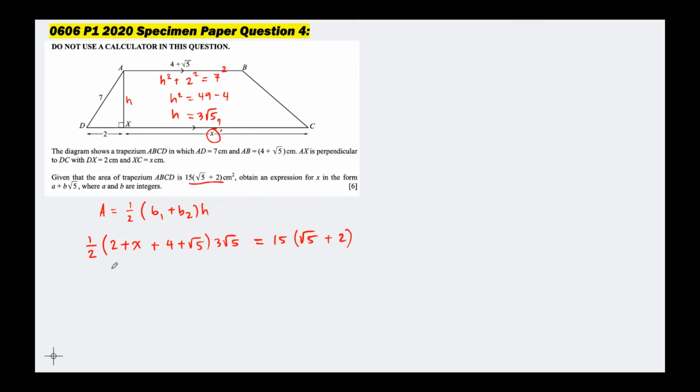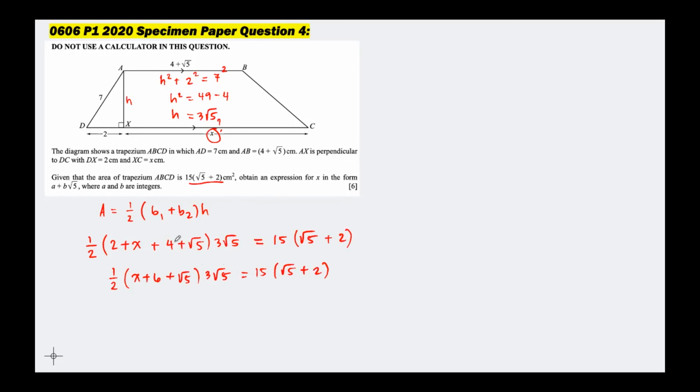So we're going to simplify this first. 2 plus 4 gives you 6, so that's x plus 6 plus square root of 5, times 3 square root of 5, is equal to 15 times square root of 5 plus 2.